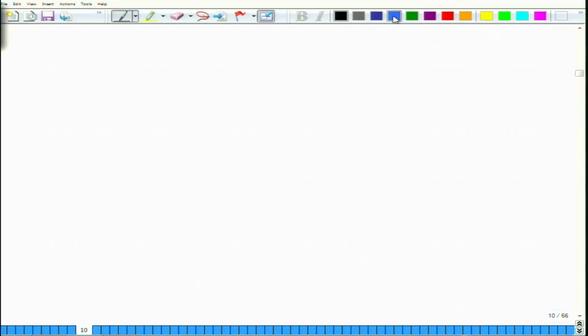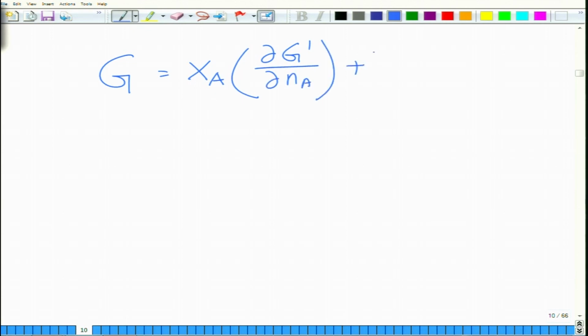So I can write on this slide, G is equal to XA del G prime by del NA plus XB into del G prime by del NB.